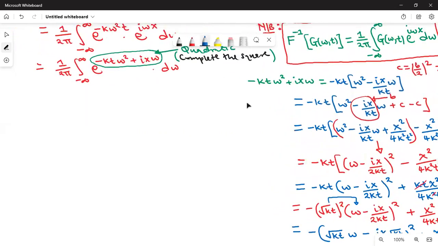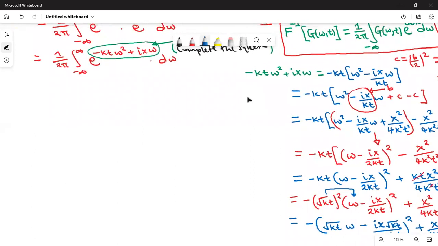Then we go back here and replace it. So in our integral, it is now equal to 1 over 2 pi, the integral from negative infinity to positive infinity of exponential. What did we find?